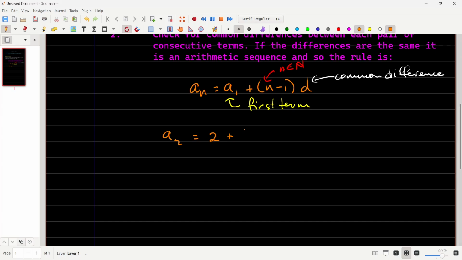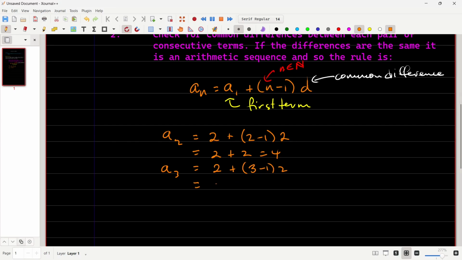Then it's 2 plus (2 minus 1), and let's say the common difference between each one is 2 as well. So we'll see that 2 plus 2 is 4. Let's say we're looking at the third term. So a_3 will be 2 plus (3 minus 1) times 2.